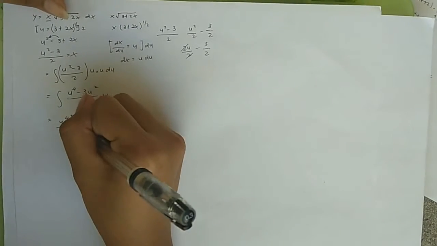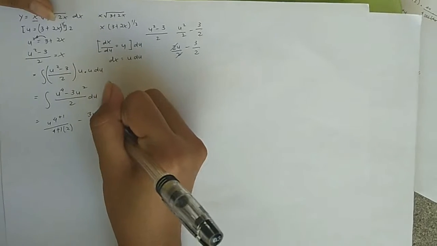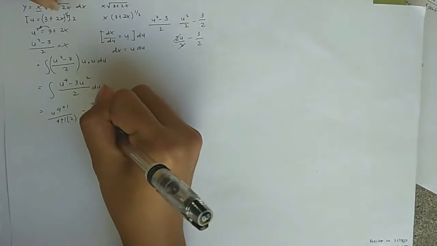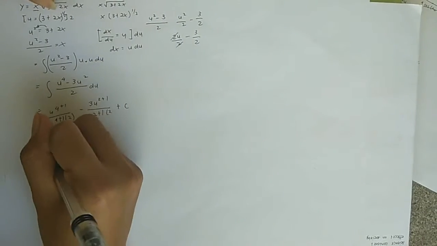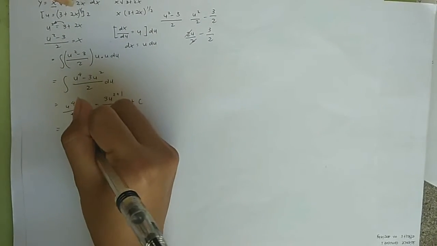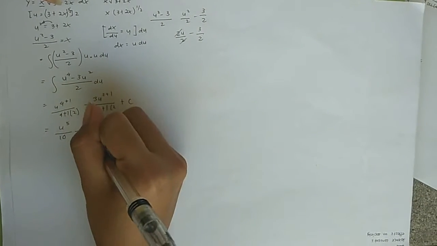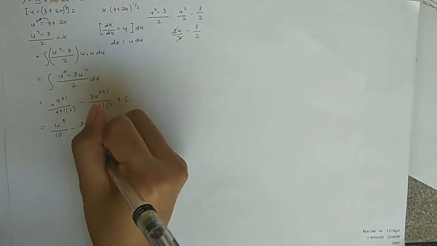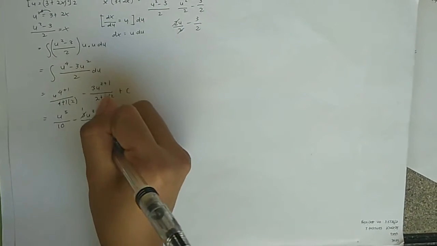We have the value of 2 here. Minus 3u raised to 2 plus 1 over 2 plus 1 times 2 plus c is equal to u raised to 5 over 10 minus 3u cubed over 6 plus c. Cancel.